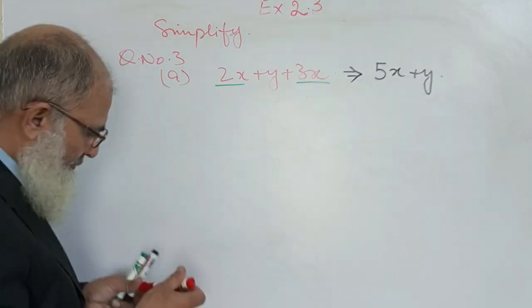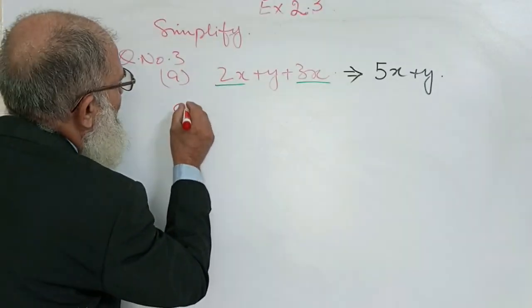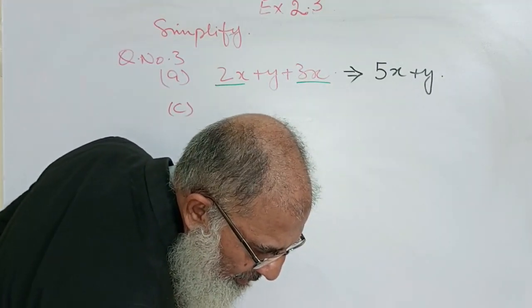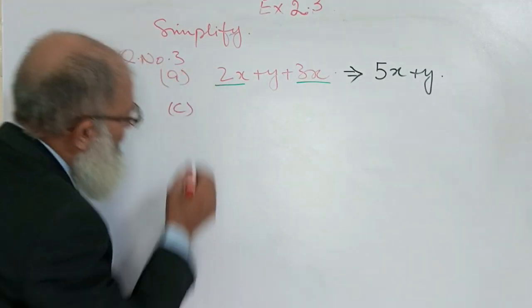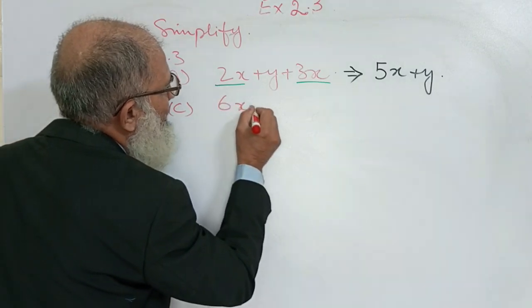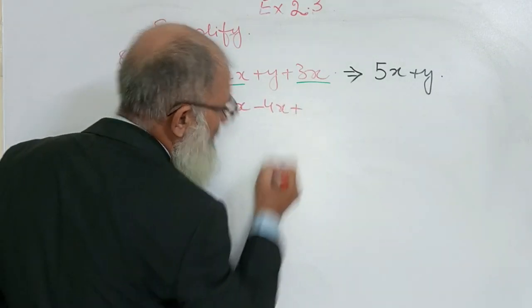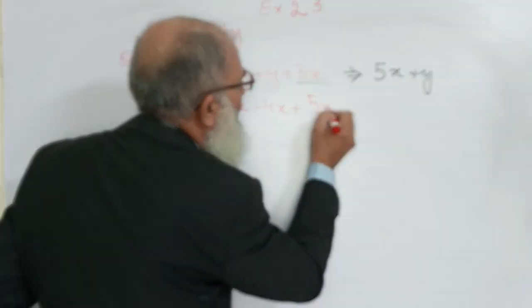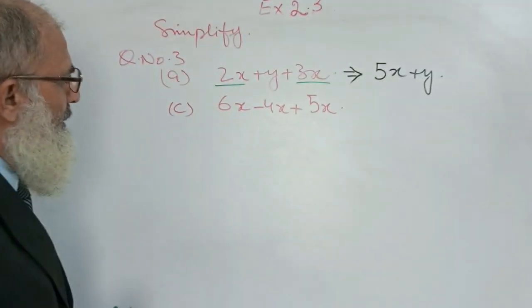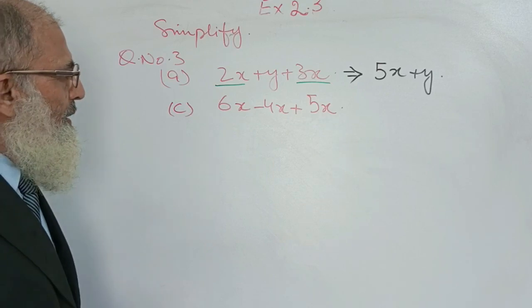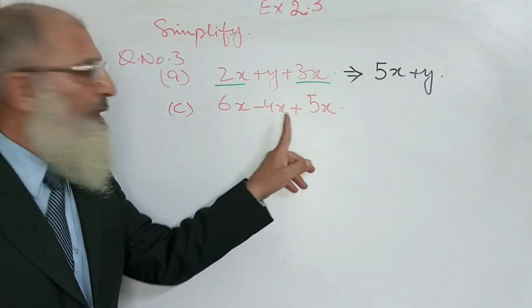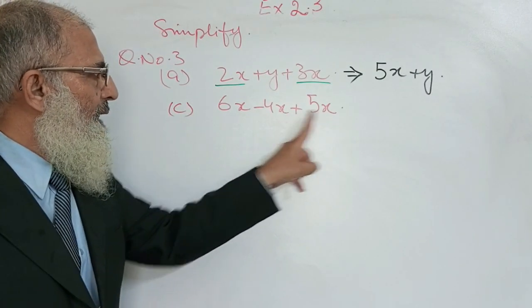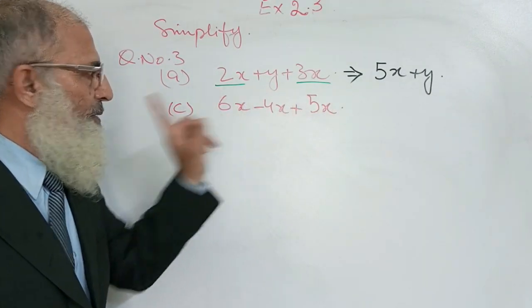Part C. Part C is 6x minus 4x, and plus 5x, I suppose. Yes, it is 5x. Now, luckily we have got all like terms over here. You see x, x, x, power 1, power 1, power 1.